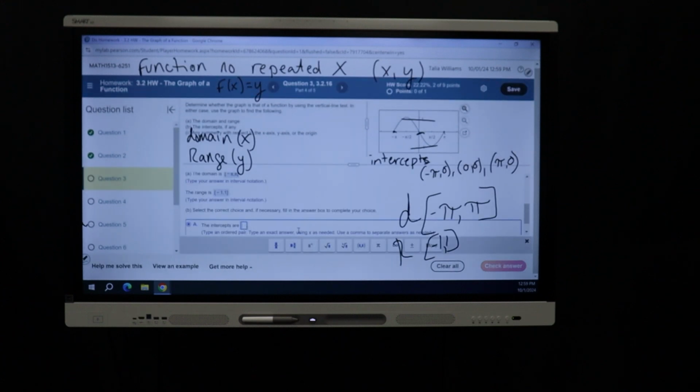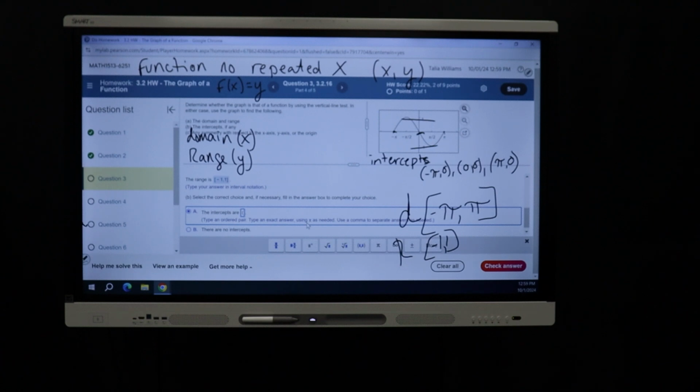Then our intercepts, ordered pairs, so parenthesis, negative pi, comma, 0, because if there's not a 0 in your ordered pair, it is not an intercept. Then pi, comma, 0. So we have negative pi, 0, comma, parentheses 0, comma 0, parentheses, comma, parentheses, pi, 0. All the parentheses, all the commas.